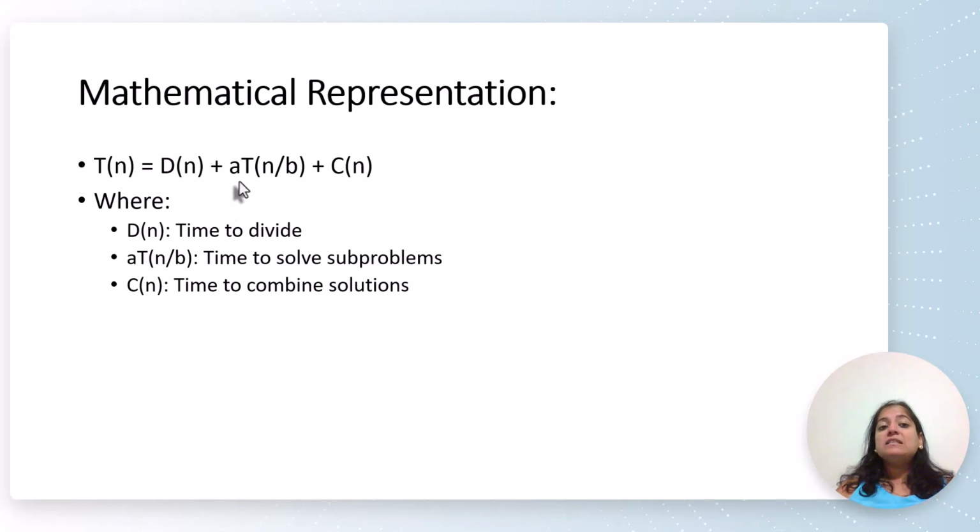You can see this is the recursive part, because the equation is T(n) and it is T(n/b), since we solve each subproblem recursively. And C(n) is the time to combine the solutions. So this is the overall mathematical representation of divide and conquer: T(n) = D(n) + a T(n/b) + C(n).